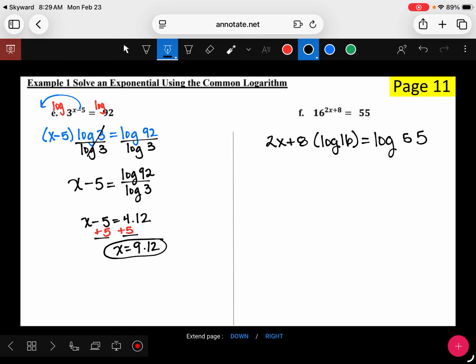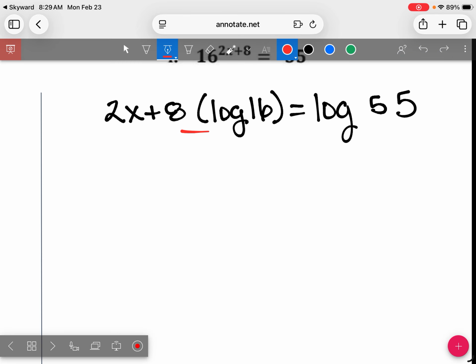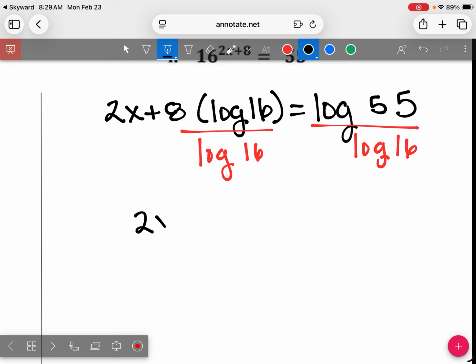And then when you divide both sides by the log of 16, you should get 2x plus 8, and that equals log 55 over log 16.